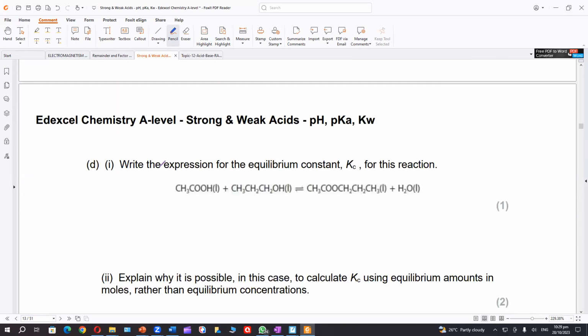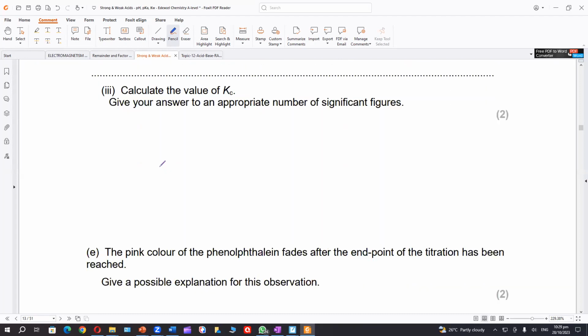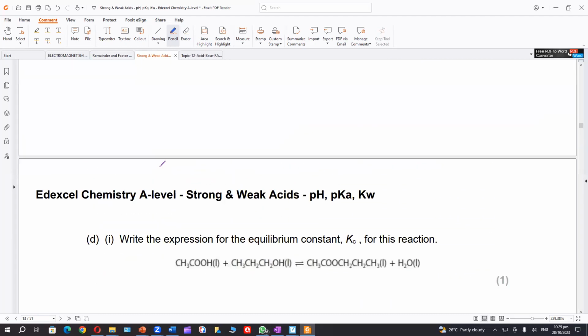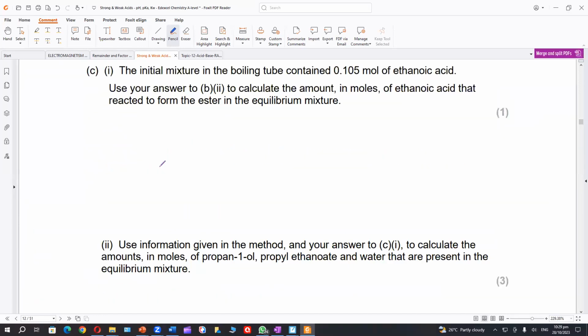We have to do that work, and equilibrium constant Kc. So let's try this question next time. We are left with the buffer solution and the pH of mixtures. Okay, so we'll stop here.